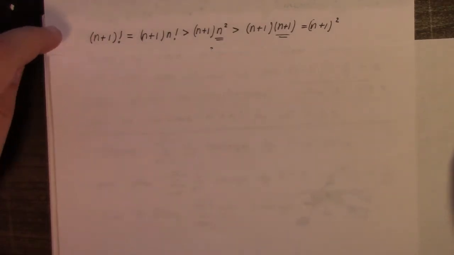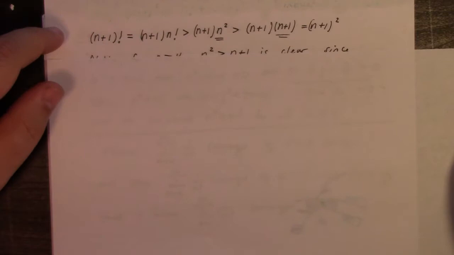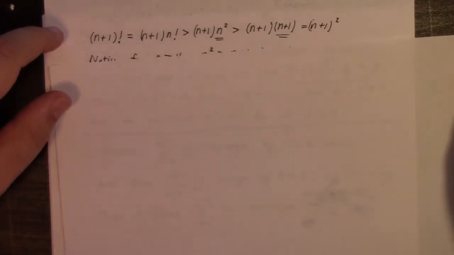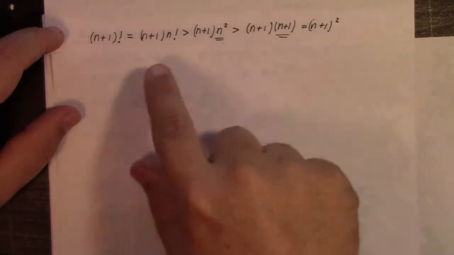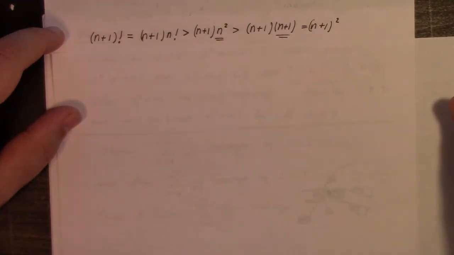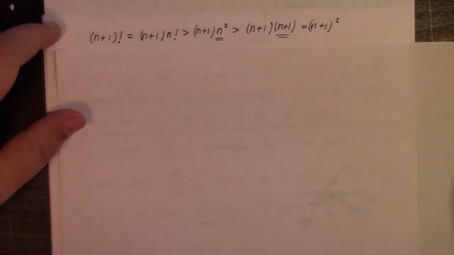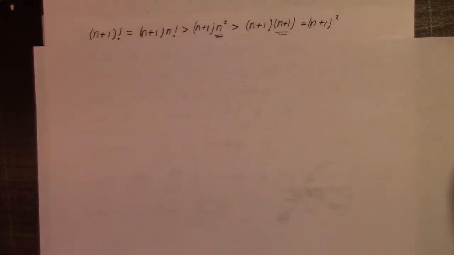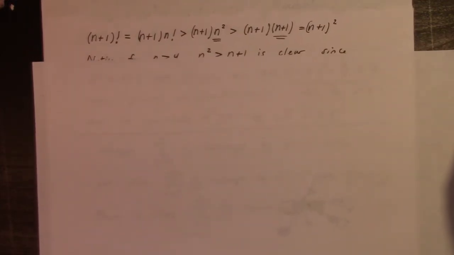So I have that n plus 1 factorial is greater than n plus 1 squared, and that's the induction step. That's what I assumed inductively, that n factorial was greater than n squared for n greater than or equal to 4. If I can show that for n plus 1, then by proof by mathematical induction, it's true for all n.